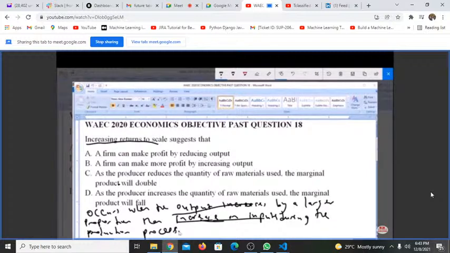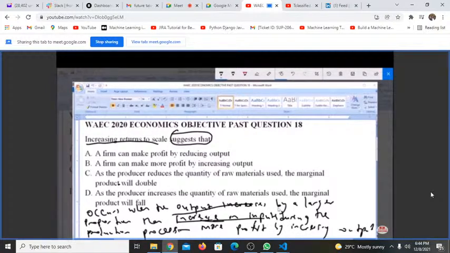Now, we're asked what increasing returns to scale suggests. Now, increasing returns to scale suggests that a firm or this business can make more profit by increasing output.